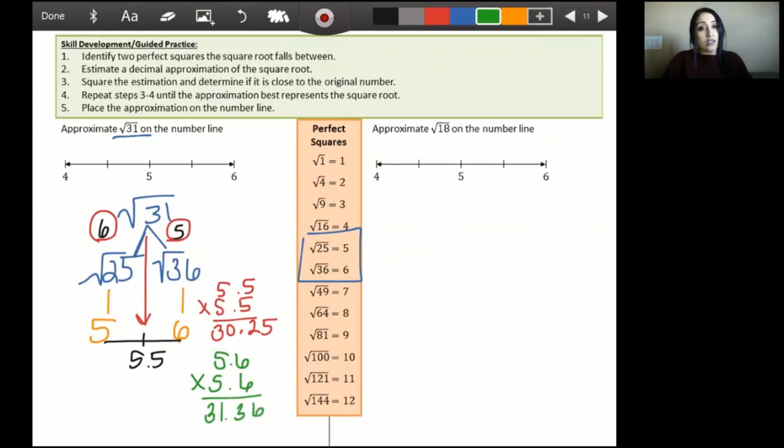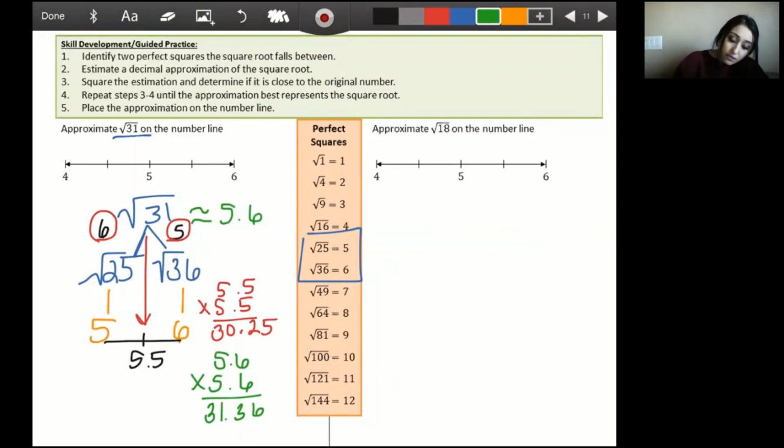So for this specific approximation, I'm going to say that the square root of 31 is about 5.6. Now, if you want to choose 5.5, it's really close to the square root of 31. I'm okay with that. So now, step number 4, repeat steps number 3 and 4 until the approximation is best represented on the square root. We already did that. Now we can place it on the number line, step number 5.